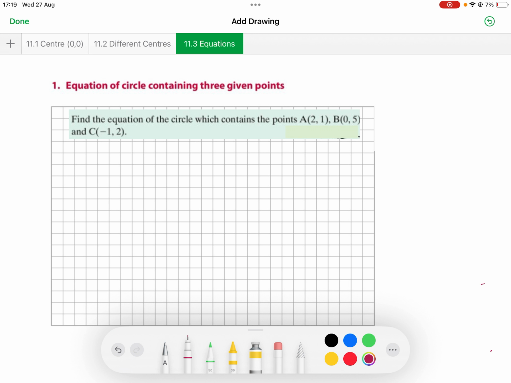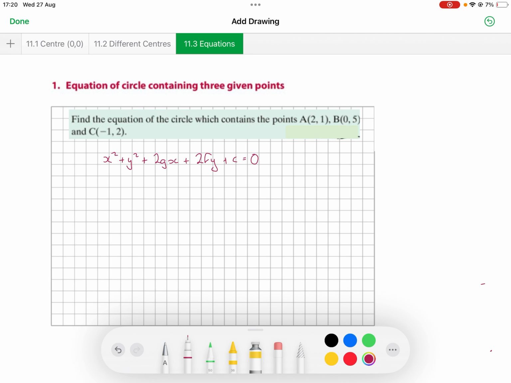I'll start with my general equation of the circle, which is x squared plus y squared plus 2gx plus 2fy plus c equals 0.